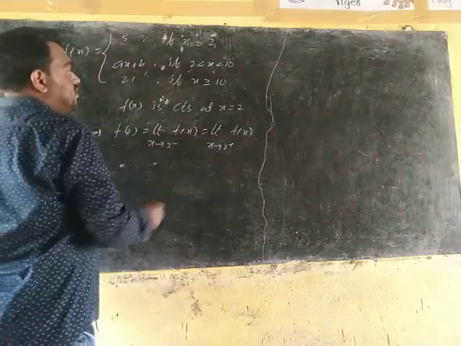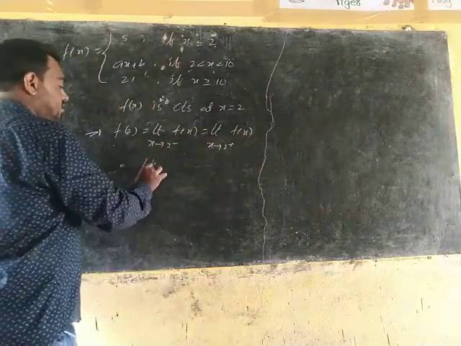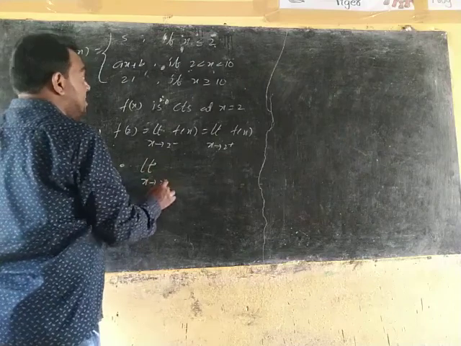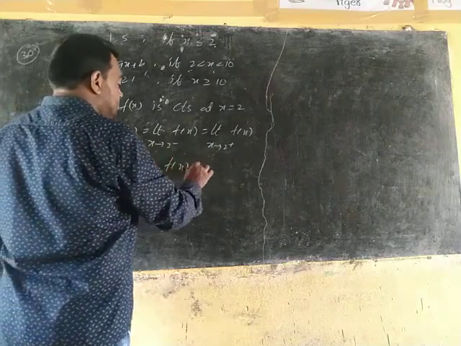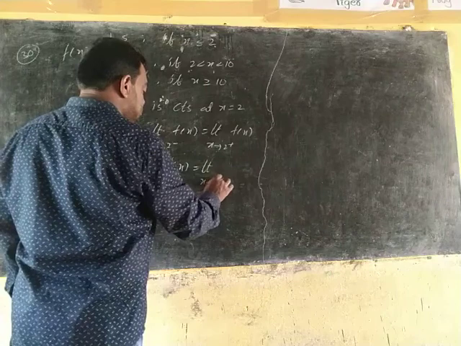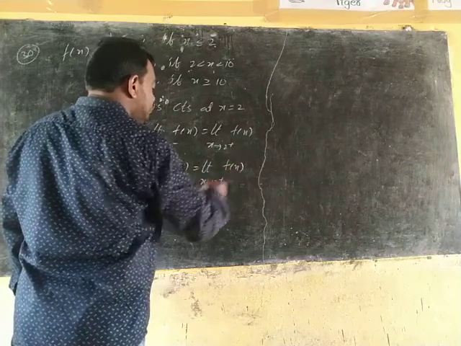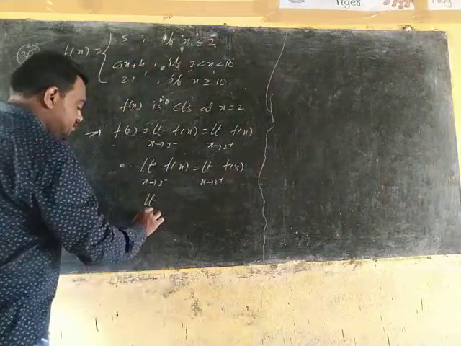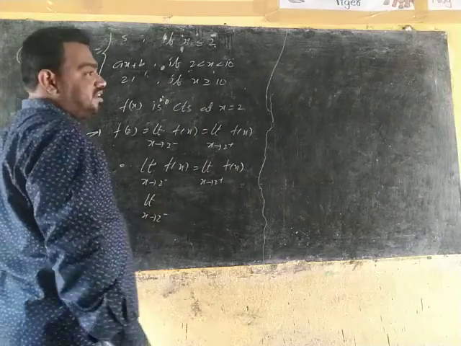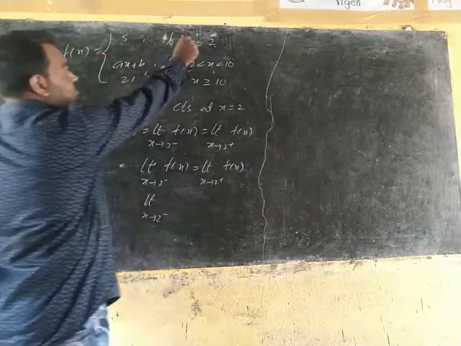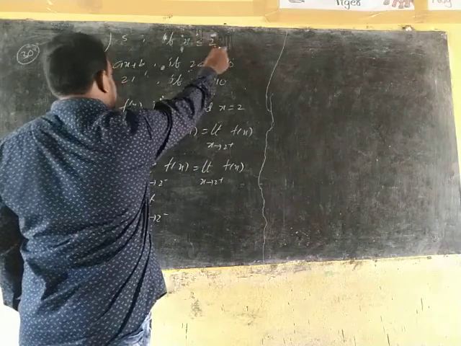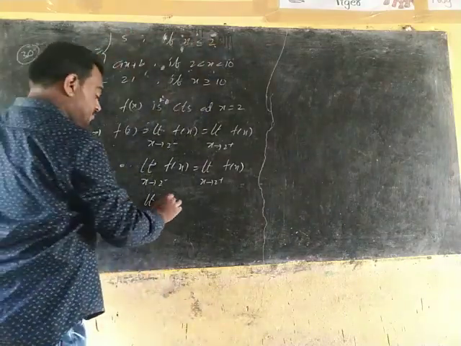Now you take this equality. Limit x tends to 2 minus, that means x is less than 2. When x is less than 2, f of x is 5.